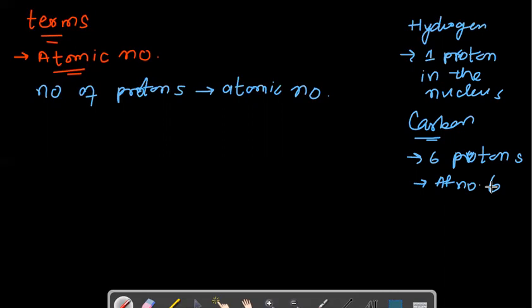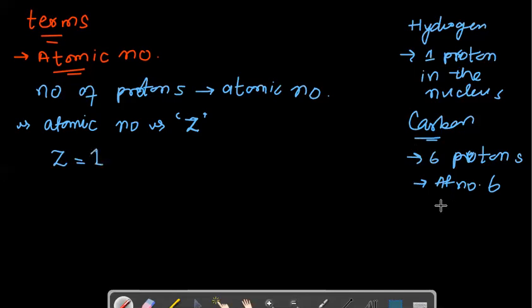What is a periodic table? We'll discuss this terminology later in this lecture. Okay, so keep in mind the number of the protons present in any nucleus is equal to the atomic number of that atom. Okay, now how do you represent an atomic number? The atomic number is basically represented by Z. If I write the atomic number of hydrogen, I will say that hydrogen has Z equals 1.